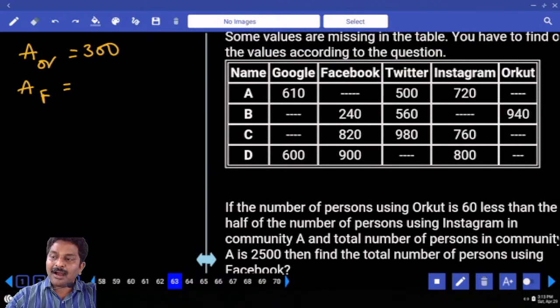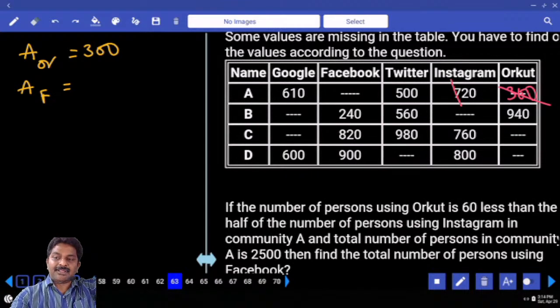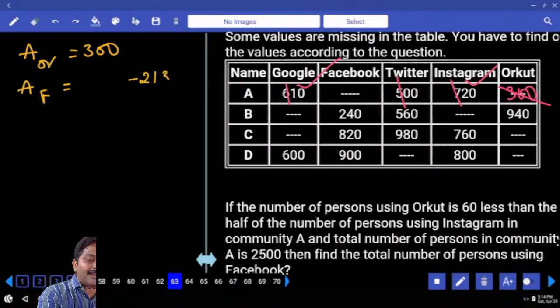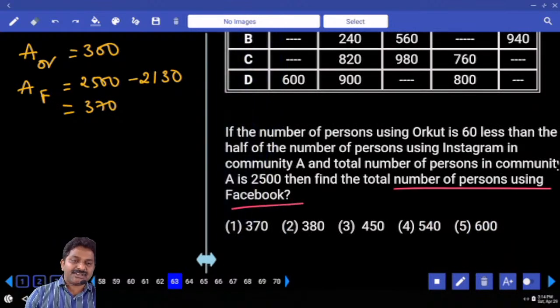Already we got Orkut as 300 and they said total value is 2500, right? 700, 300, 1000 plus 500, 1500 plus 600, 2100. 2100 should be subtracted from total 2500, that must be 370. And the question is number of persons using Facebook, 370.